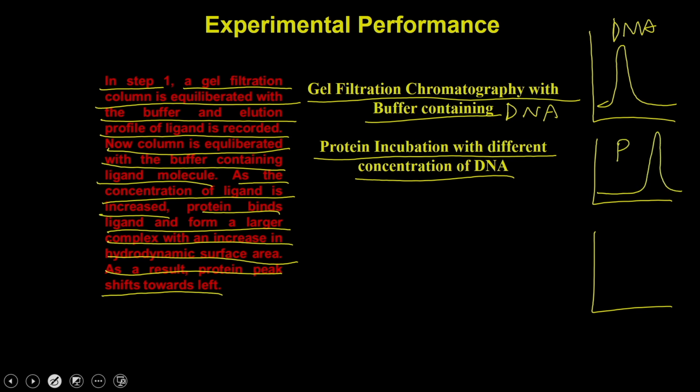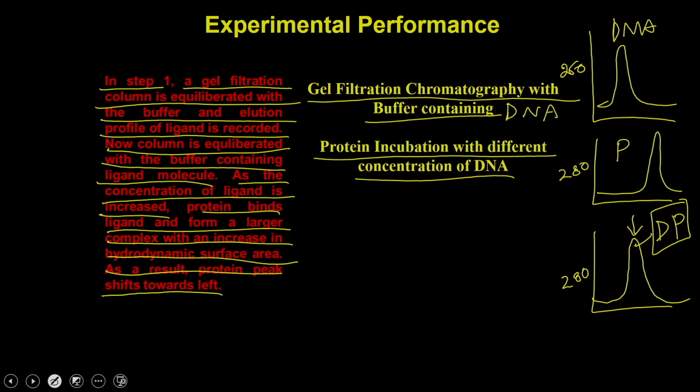And then for the DNA-protein mixture, you are going to get an intermediate peak, because here you are monitoring at 260, here you are monitoring at 280, and here also you are going to monitor the protein, not the DNA. As a result, you get an intermediate peak, and that corresponds to the DNA-protein complex.